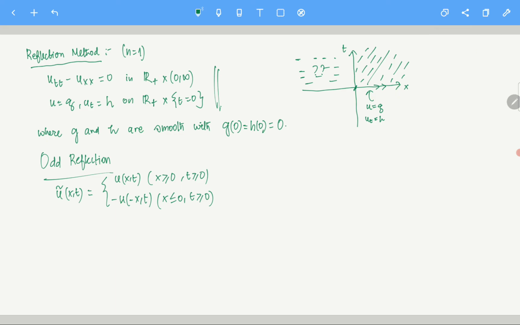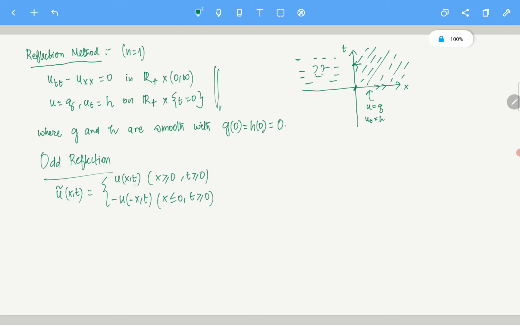If you approach any point here, the x part is 0, and this is any t naught, let's say. So 0, t naught.